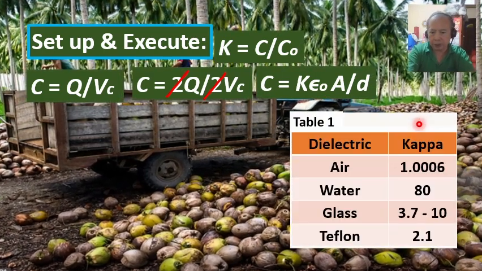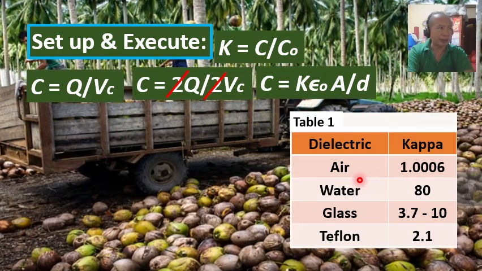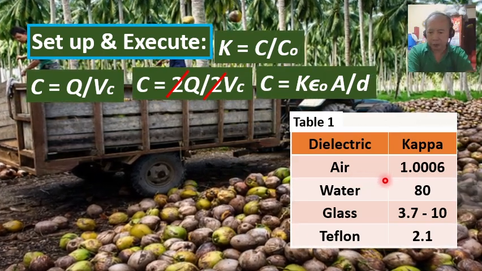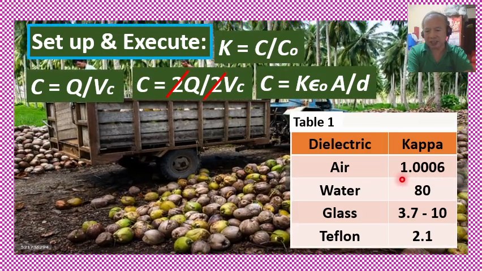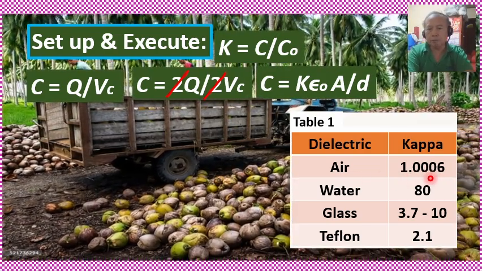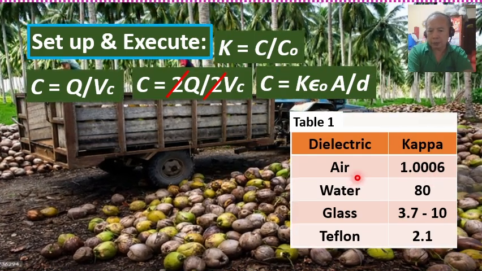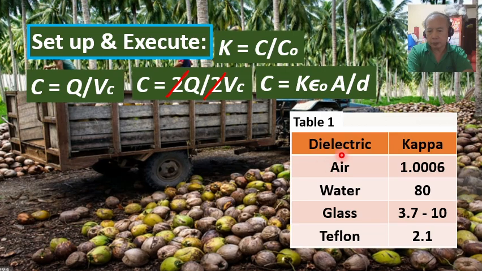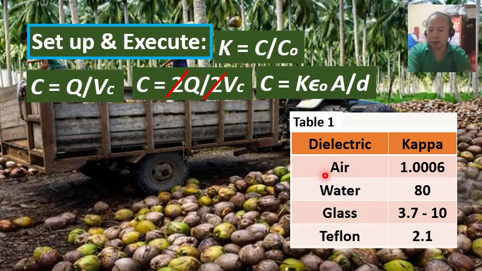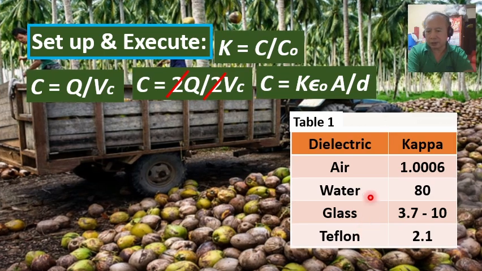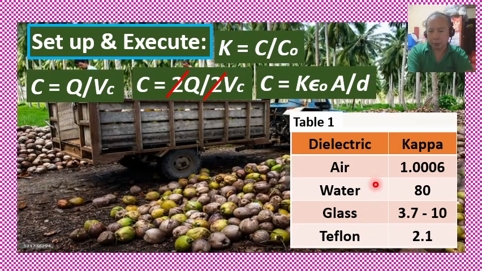For example, in this table, the dielectric constant kappa for air is equal to 1.0006, which is practically the same as that of kappa in a vacuum. So these materials are used as dielectrics with relatively low dielectric constant kappa.